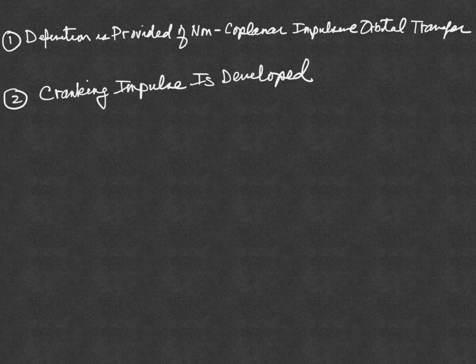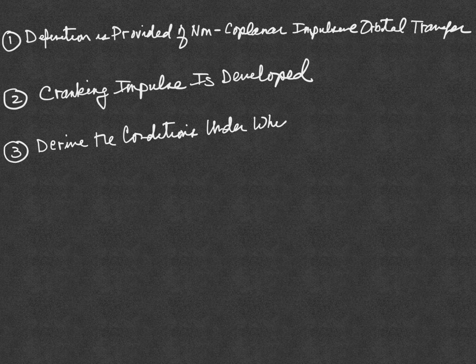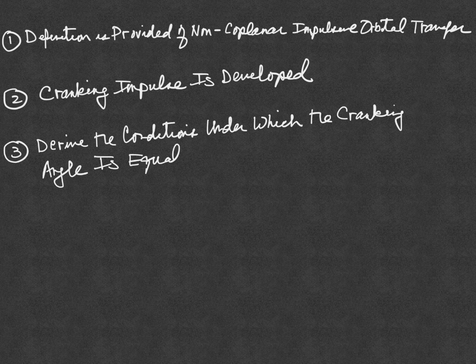After the development of the cranking impulse, the third part of this lecture is to derive the conditions under which the cranking angle is equal to the change in the orbital inclination.